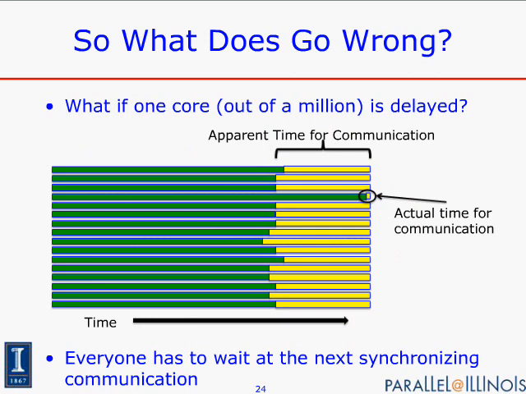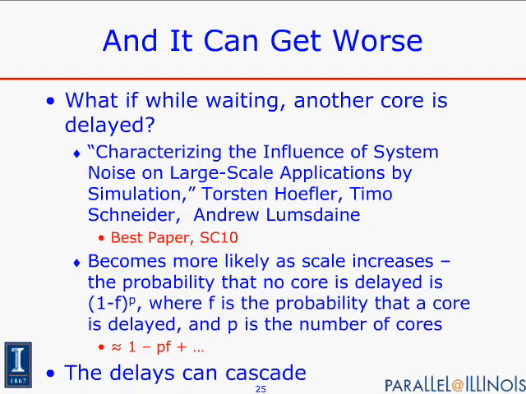So by structuring the code to have these synchronizing steps, it means that you have become sensitive to anything that delays any of those cores. And it can get worse, because what happens if while one of those other cores are waiting, yet another one is delayed? What you can find is that this can cascade.